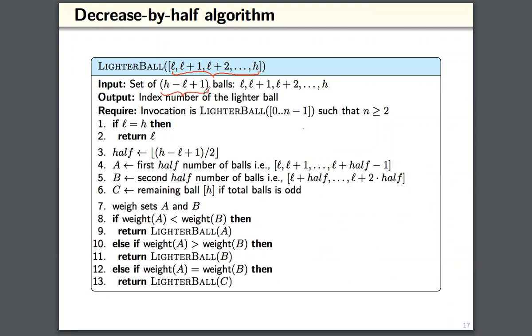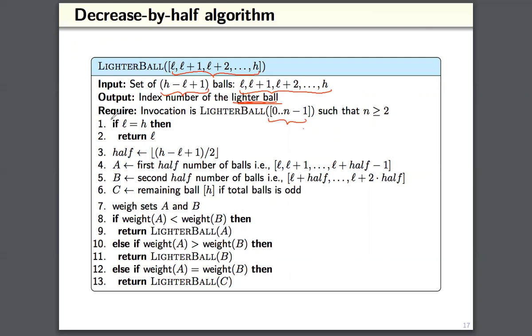H minus L plus 1 balls, right? Numbered something like this. You want to find the index of the lighter ball, right? One of these has the lighter ball. Okay, so the invocation is something like this, 0 to n minus 1, such that n is greater than or equal to 2.